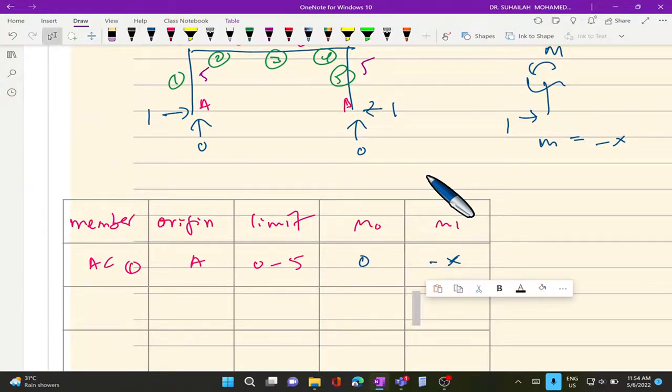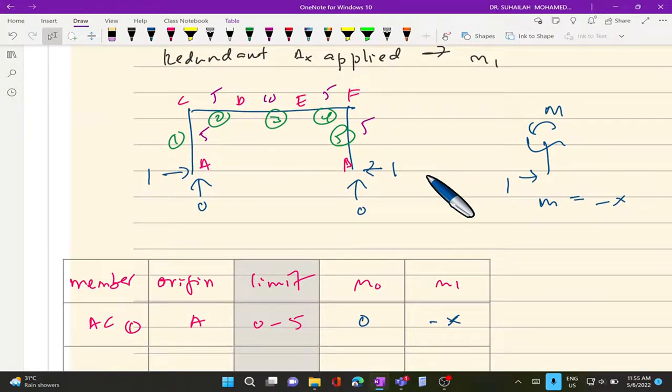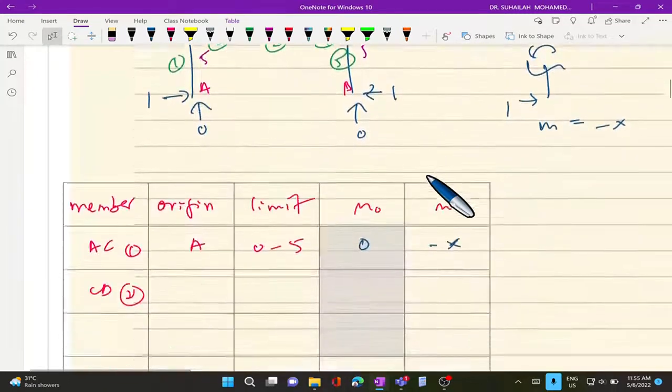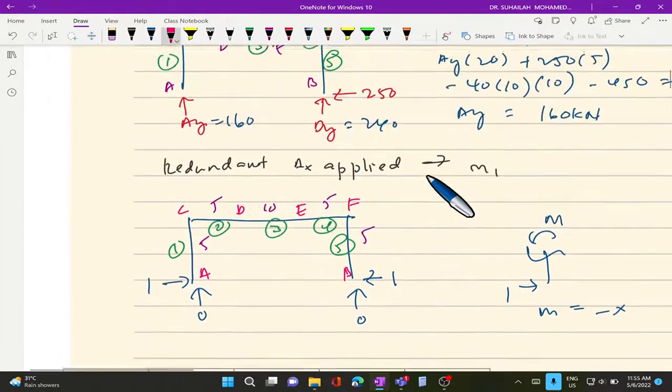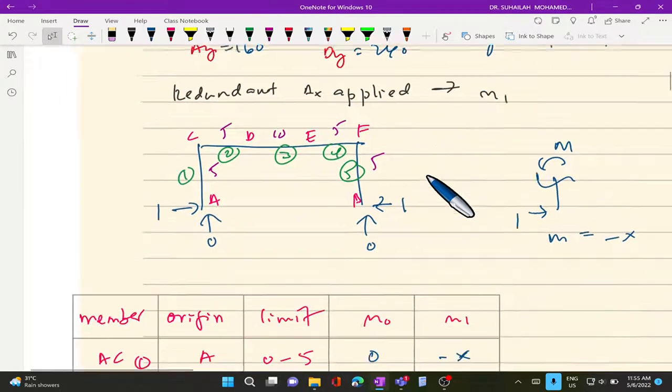Okay, we move to the second section. It is CD. This is cutting section number 2. Origin must be either C, D, E, or F, because X always moves in a straight line.